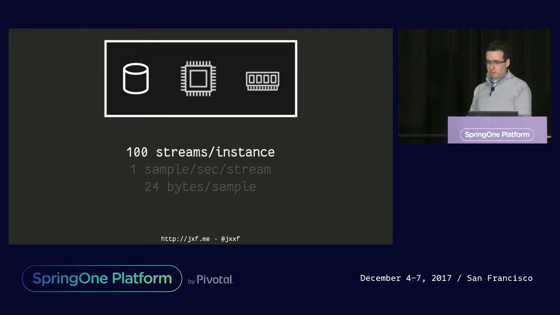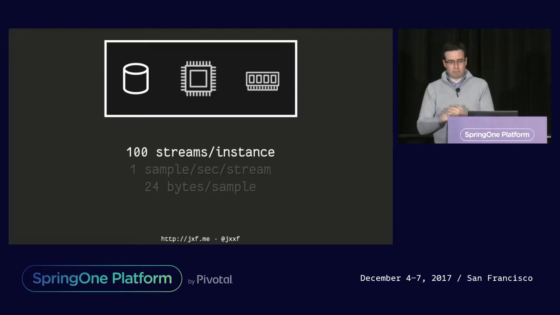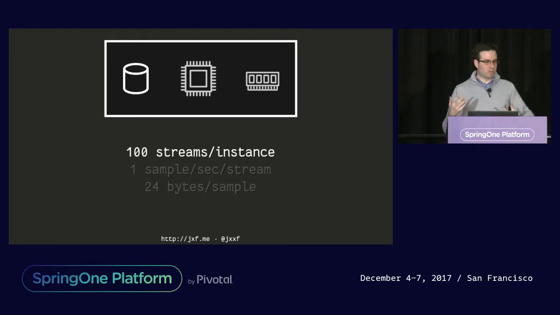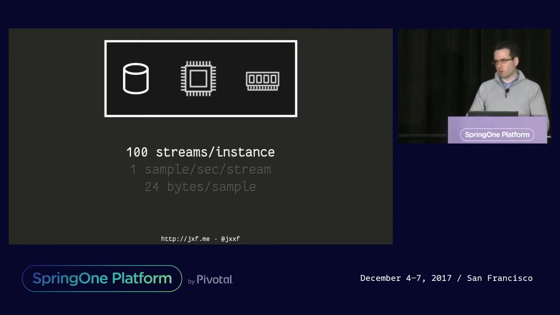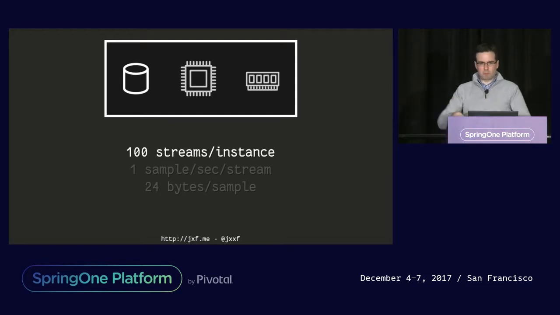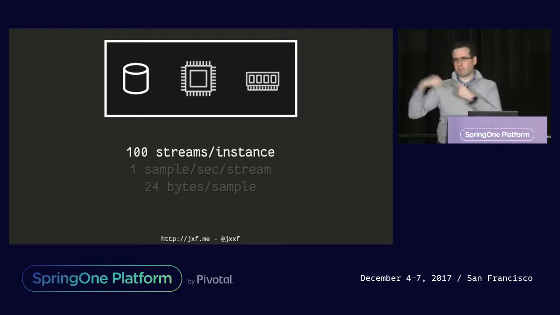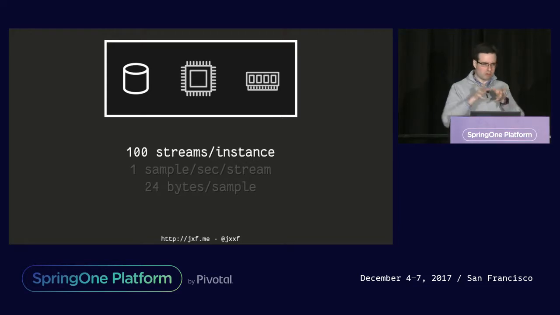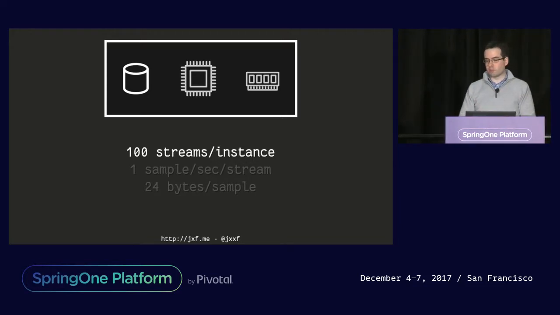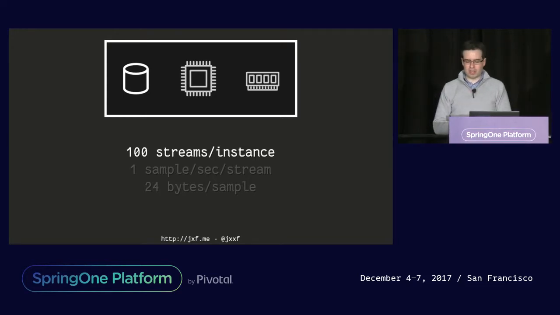So just to throw some numbers out there, how cheap might it be to do that? Well, let's say we have a system that generates 100 different metric streams per instance. Each one of these is something that's emitting data points, like CPU usage as a fraction of the overall CPU compute, memory usage expressed as a number of gigabytes, et cetera. So each one of those is a stream of data points. And let's suppose that there are 100 such streams in this particular system that we'd like to monitor.